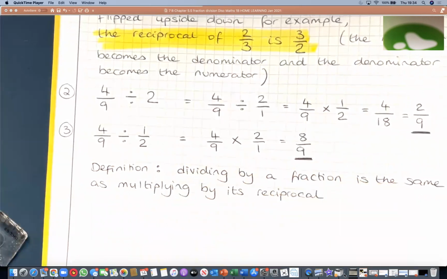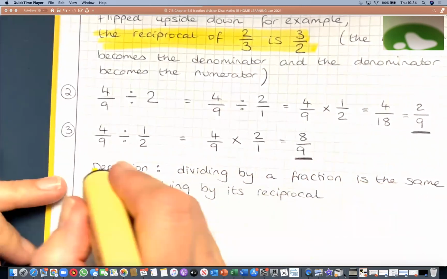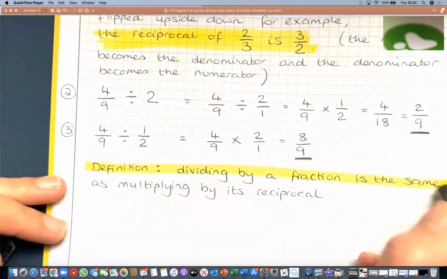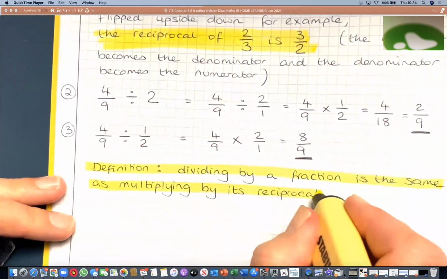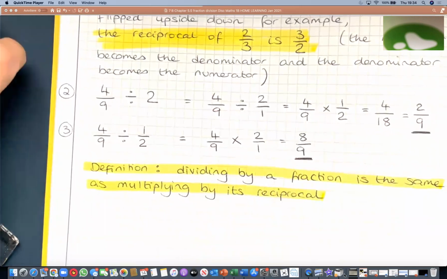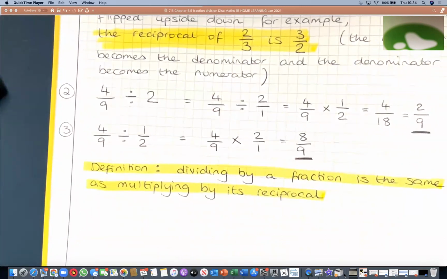Now, that is one of those key points that if you can memorize that, that is going to help you throughout your school life. Okay, dividing by a fraction is the same as multiplying by its reciprocal.